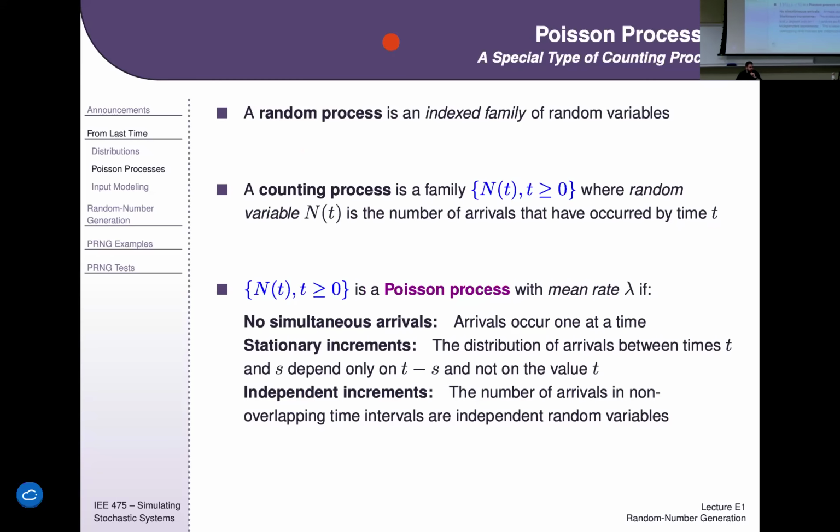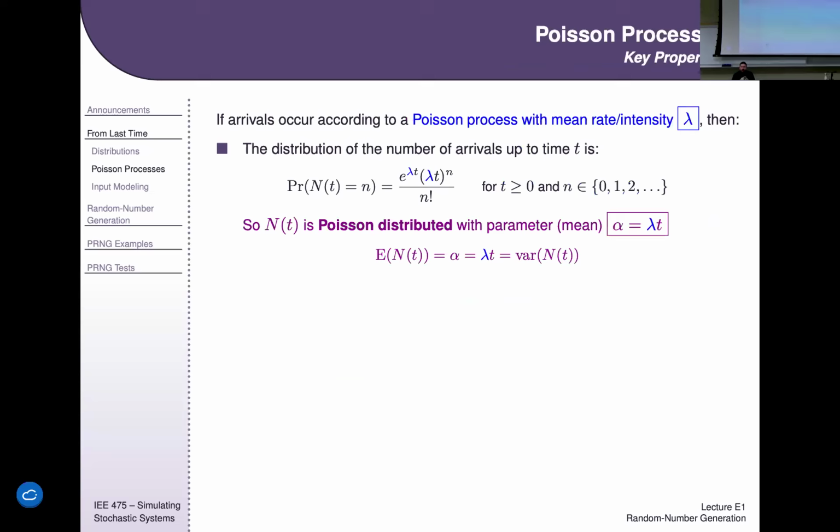So if we know all of that, then a bunch of nice math pops out. We're going to say a Poisson process with mean rate lambda. That's how we're going to talk about this. We always associate a rate or an intensity with a Poisson process.